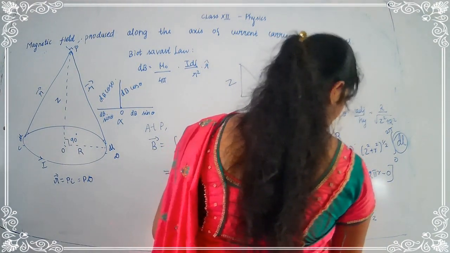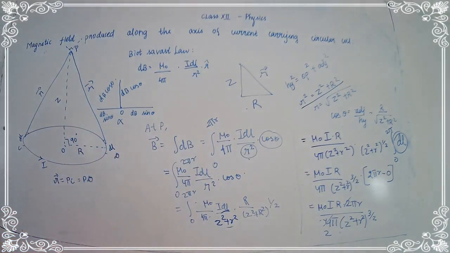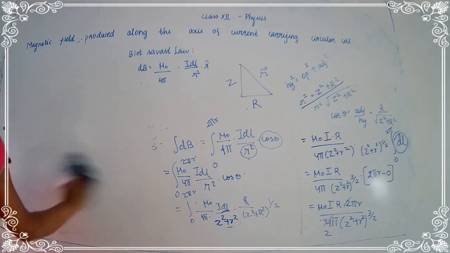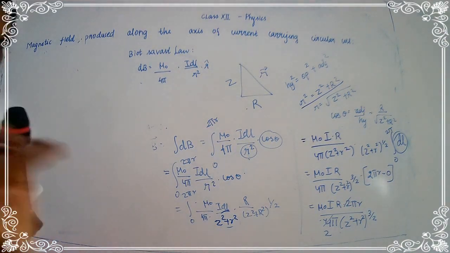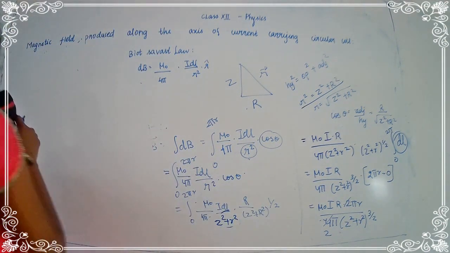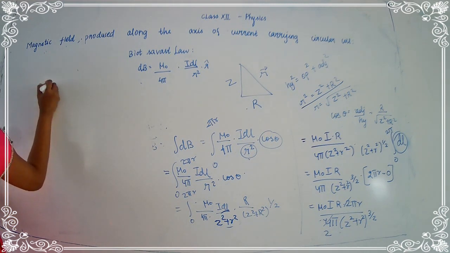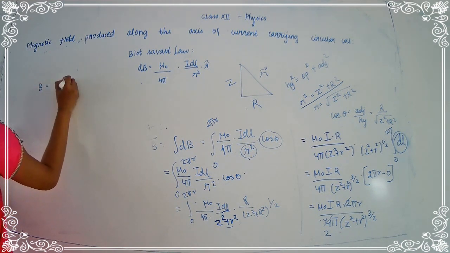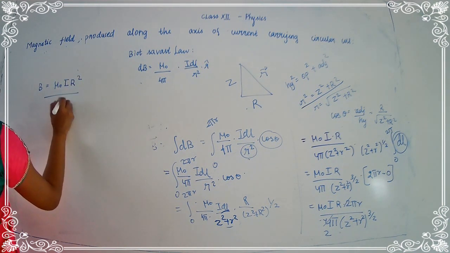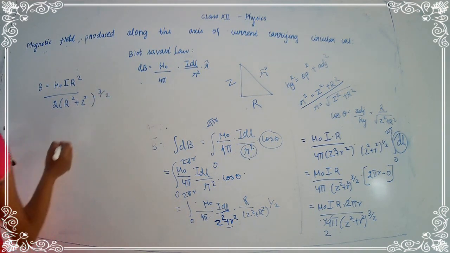Next, B is equal to mu naught I into r square by 2 into r square plus z square power 3 by 2.